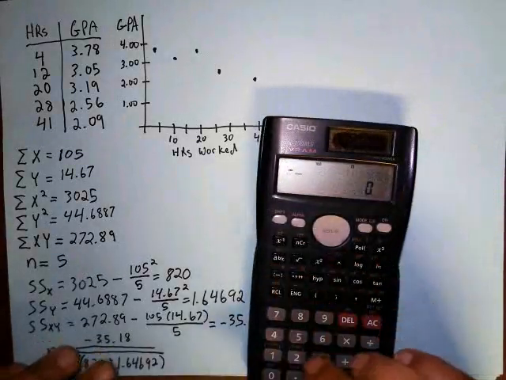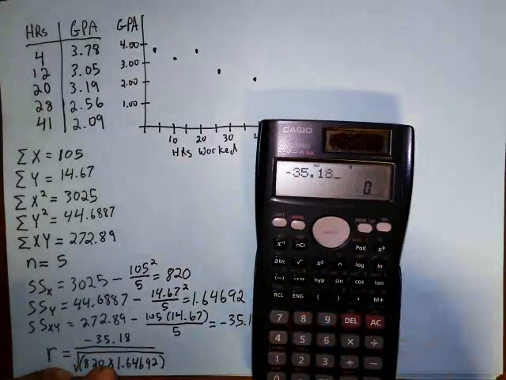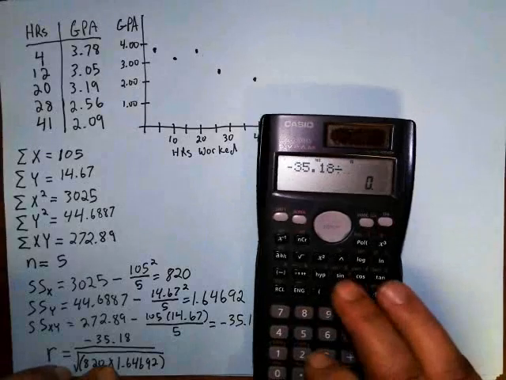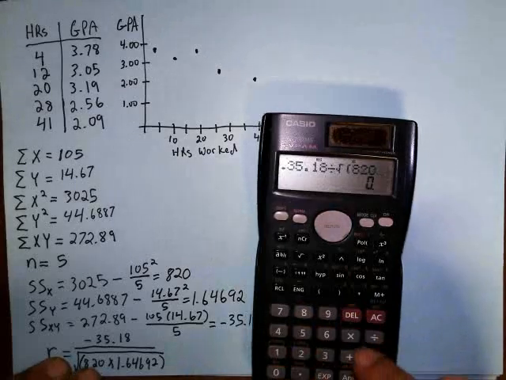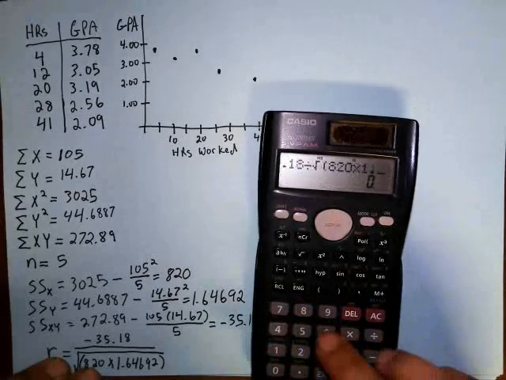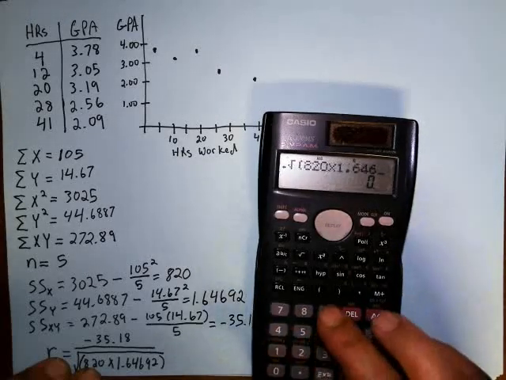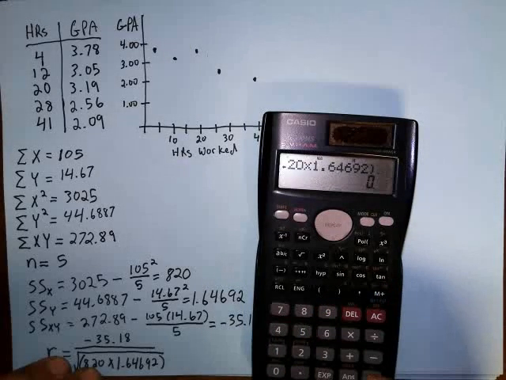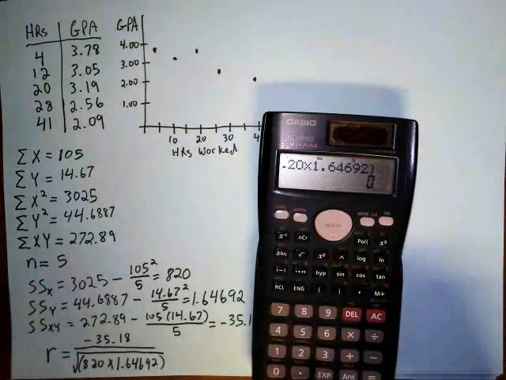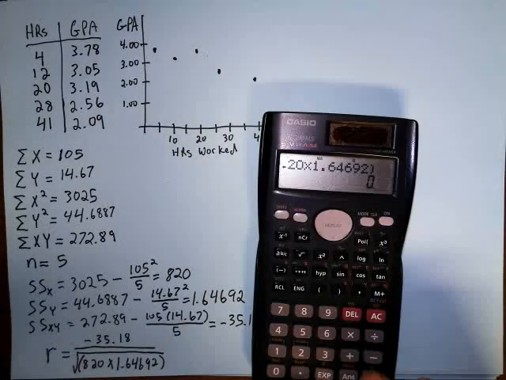So negative 35.18 divided by, and in the square root I have 820 times 1.64692 in parentheses. So everything here is in parentheses on the bottom, underneath the radical.